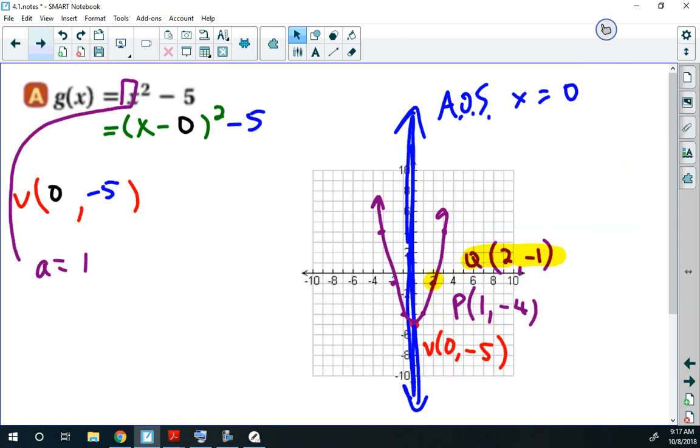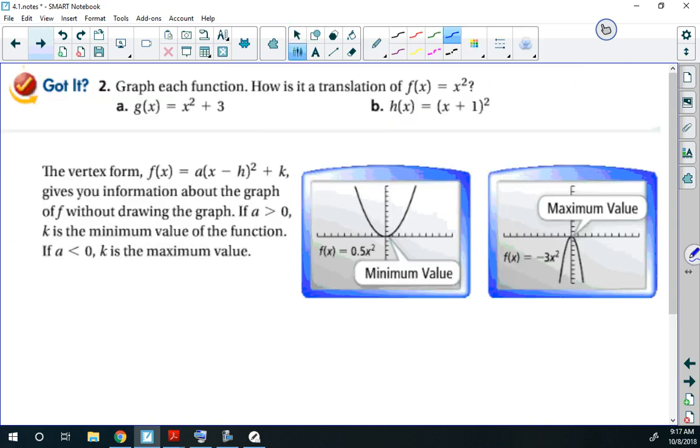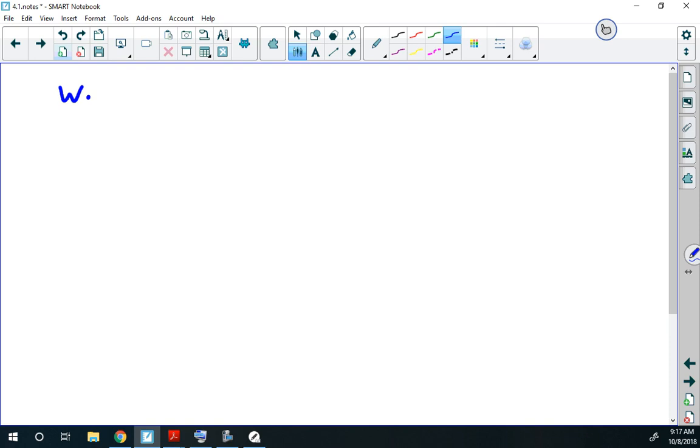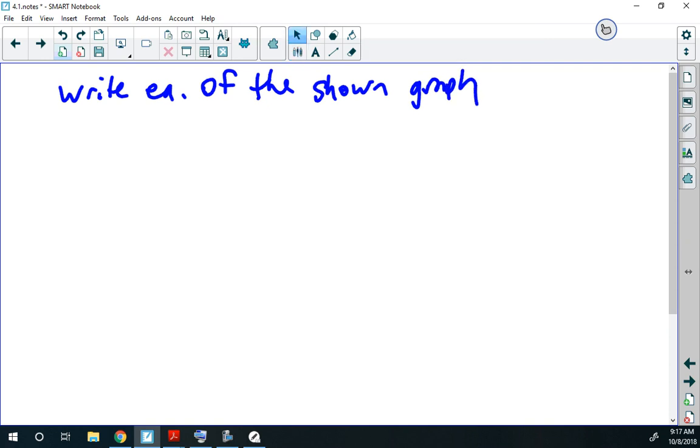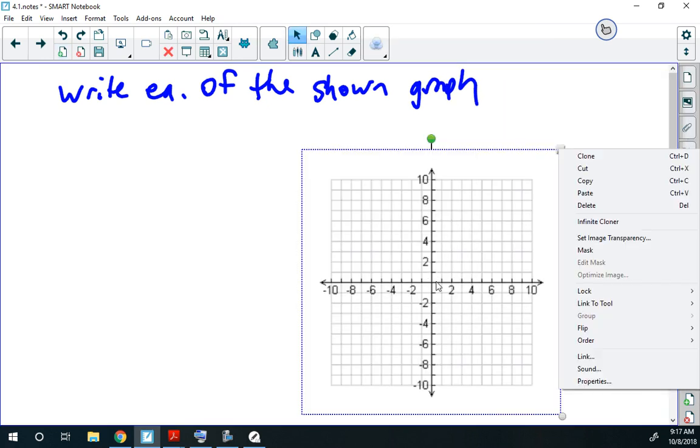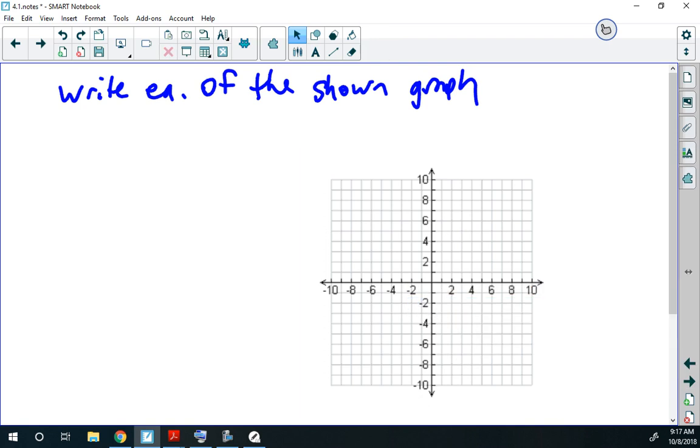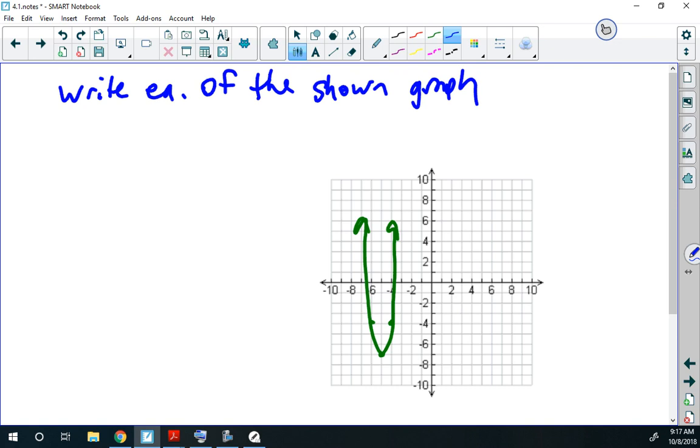Maybe we should try to write the graph. Write the equation of the shown graph. So we'll look at a graph and we'll try to write the equation of this thing. Here's my vertex.